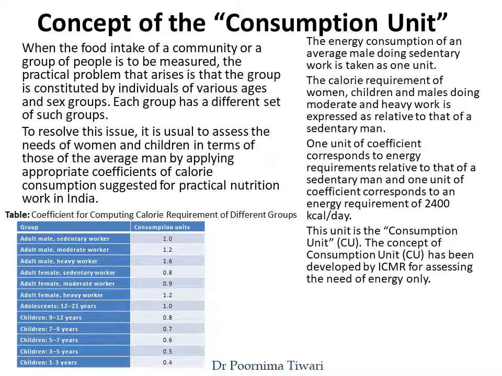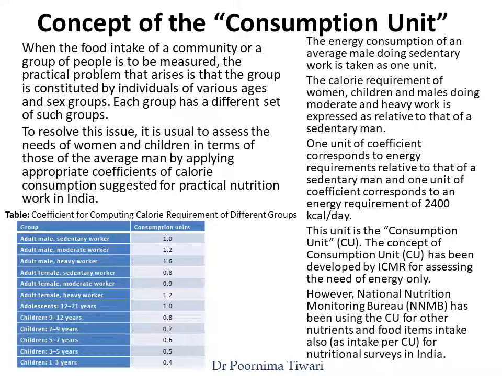But then it was so convenient that the National Nutrition Monitoring Bureau has been using the requirements of even other nutrients other than calories per consumption unit. So consumption unit was mainly developed for calories, but now it is also used for recommendations of other nutrients per consumption unit.